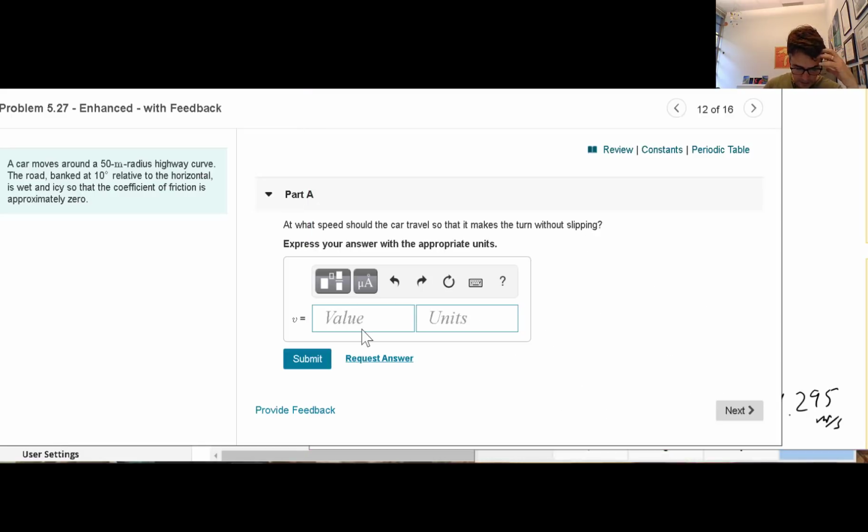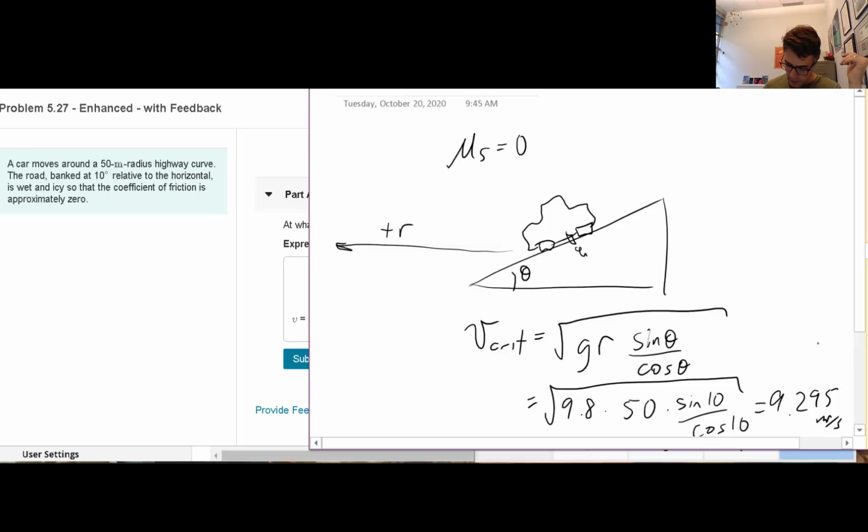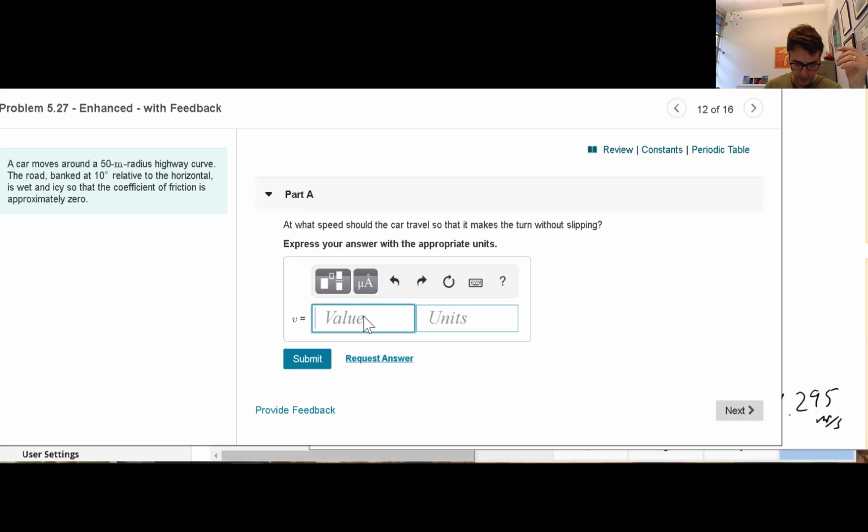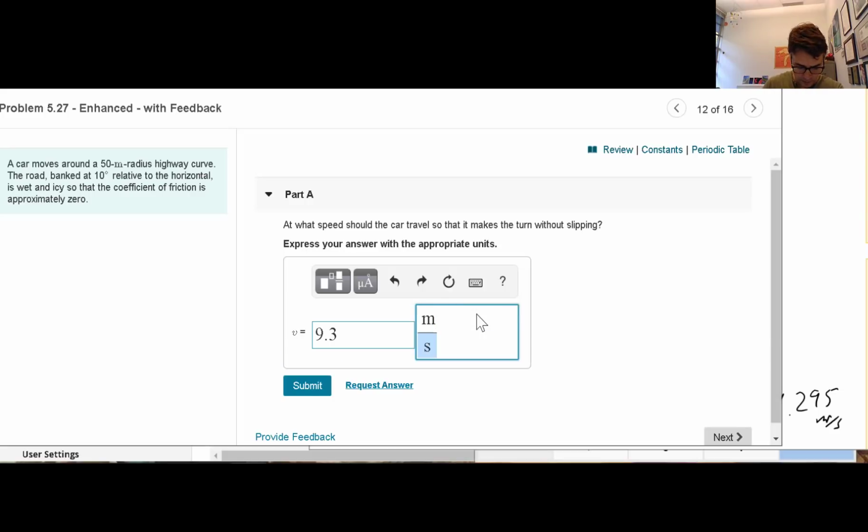It is asking for either 1 or 2 significant digits. Let's do 2, 9.3 meters per second. So meters divided by seconds. Submit.